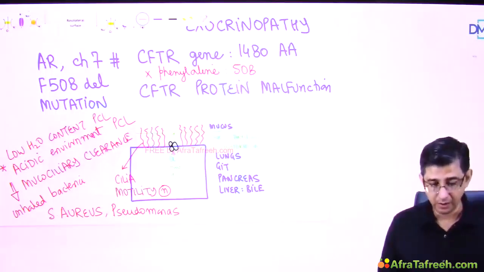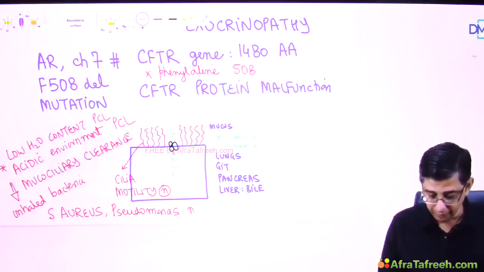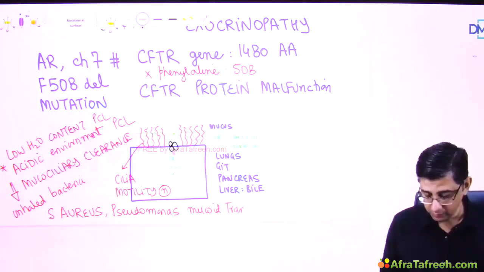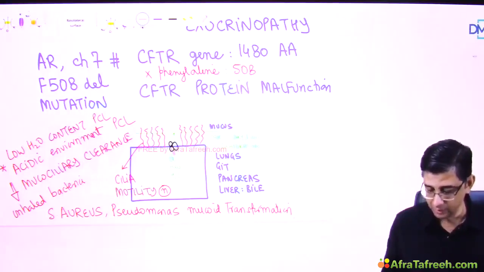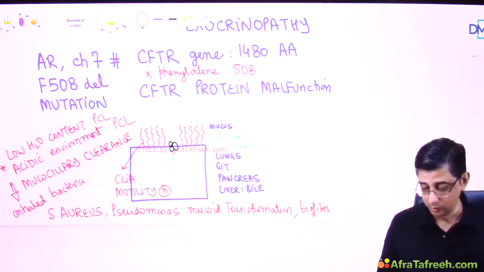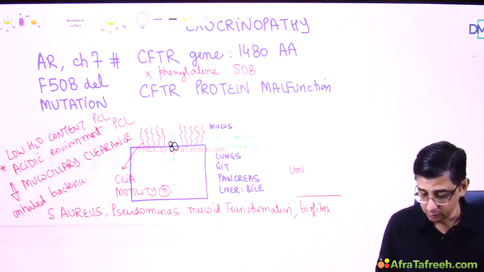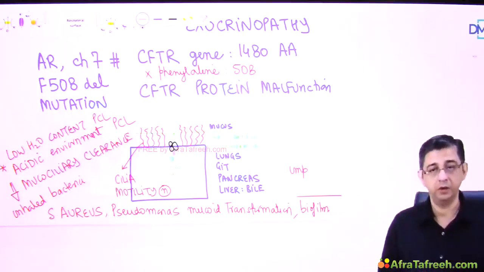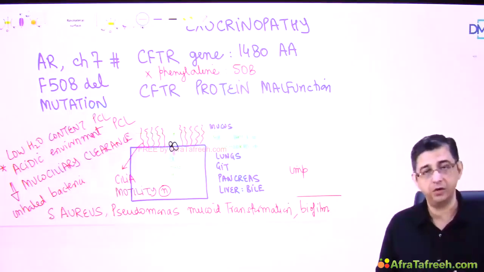What it does is that it undergoes a mucoid transformation. The importance of knowing this mucoid transformation is that this organism, once it undergoes a mucoid transformation, can form a biofilm in the lung. Biofilm is going to be impervious to antibiotics. So I would say this is like a science fiction movie where you have a villain but you can't hit it because it has a security cover.